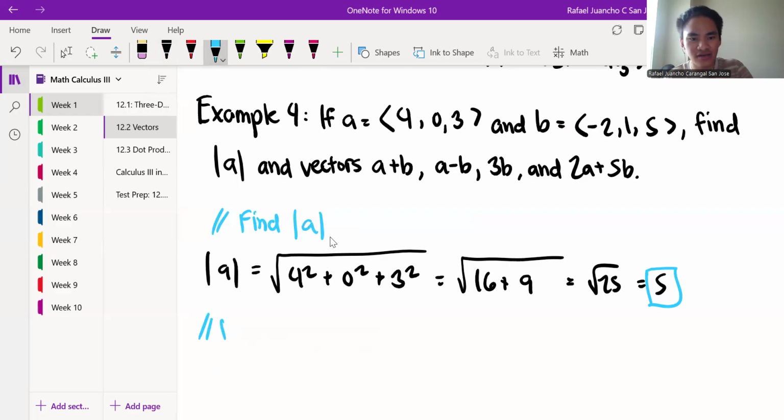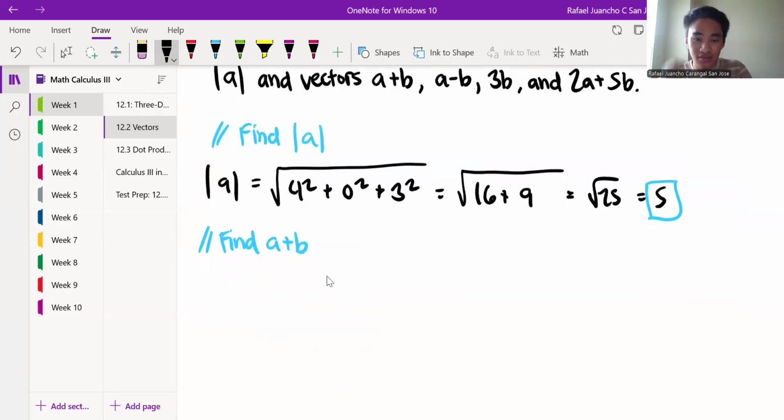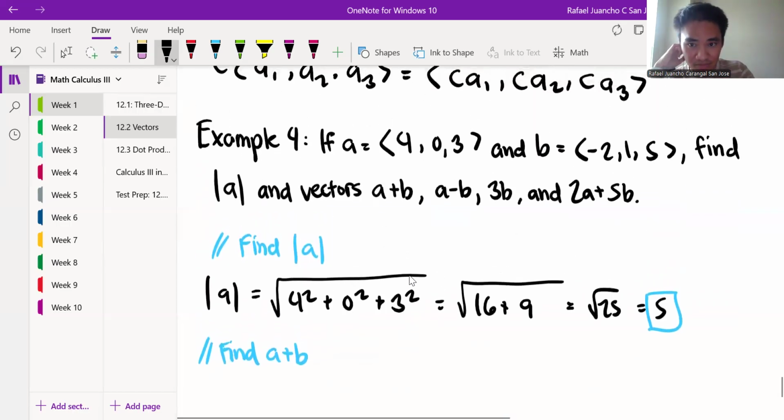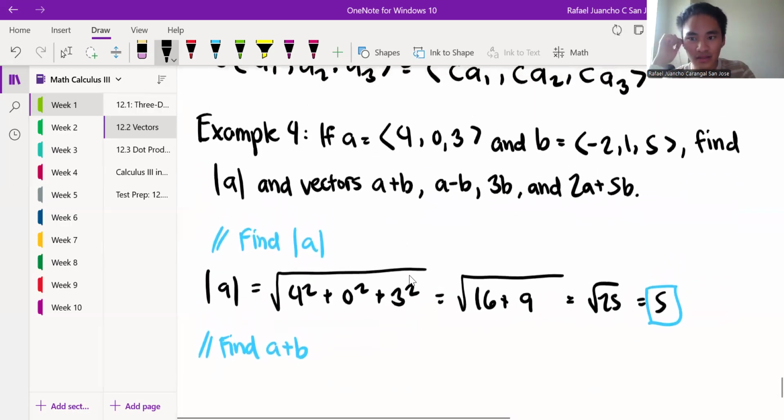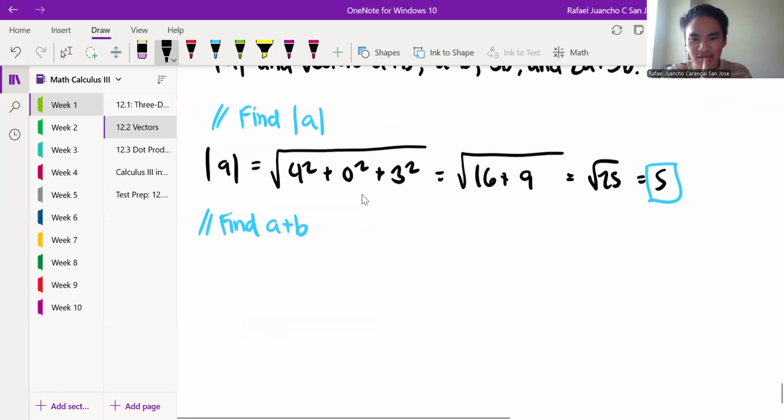Okay, now we find a plus b. So what do we know? If we have this vector a and we have this b, and when we add them, we get a plus b, right? So if we're doing that, it's actually quite simple.